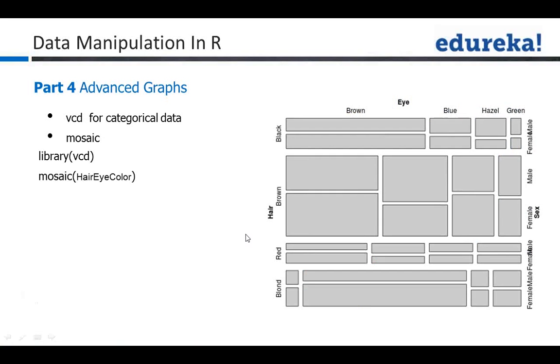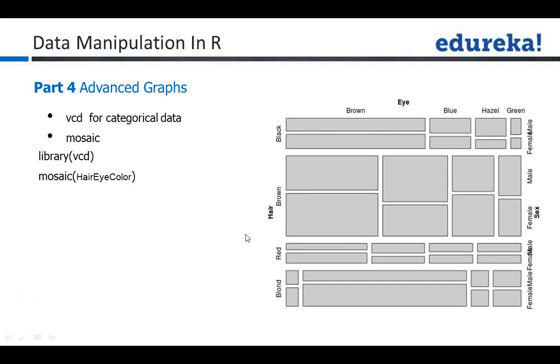Okay, so this is a mosaic plot, and this is also an advanced graph which gives you an idea of the distribution across different dimensions. Let's say they have a group of some individuals, and these individuals have different parameters like whether they are male or female, what color their eyes are and the color of their hair.